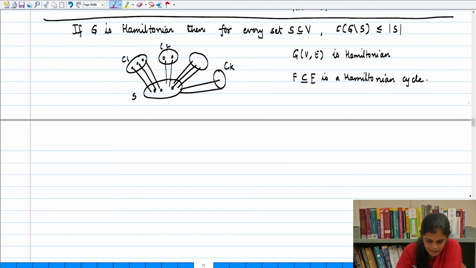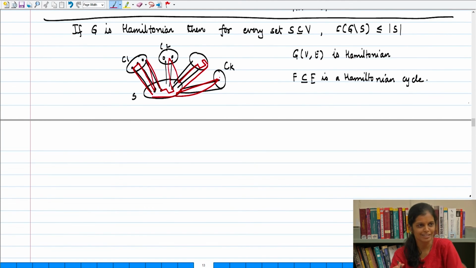So let's say that the cycle may be going like this, it goes like this, it again goes like this, then it comes back, then it traverses for some time inside this, and so on. Correct? And then finally it must come back. So I hope you agree that this is how the cycle will look.